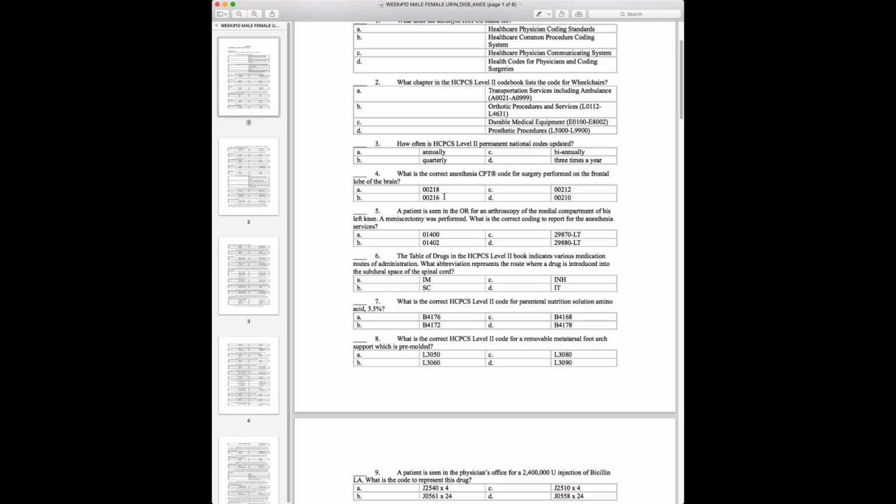Another thing I showed you guys last week was how to look it up by body part in the anesthesia section. Also remember that in your CPT, I don't know why it's cutting out. Let me just see if I can adjust my volume here. One second.